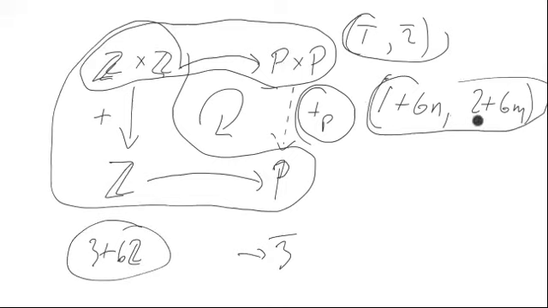We showed that anything in this preimage, anything in this fiber, as we send it down here and add these two things together, actually lives in here. 1 plus 2 is 3, and then we can factor the 6 from the n plus m, and surely that lives in here. Since that lives in here, it lives in a complete fiber of this guy to get to this 3 bar going in that direction.